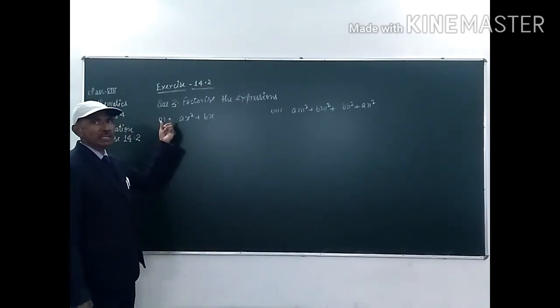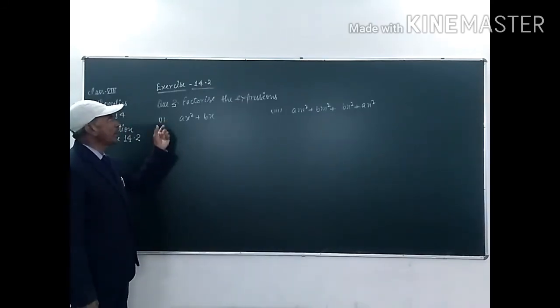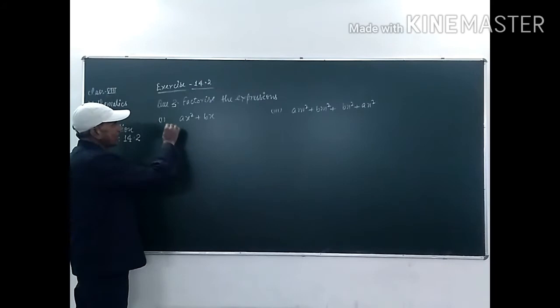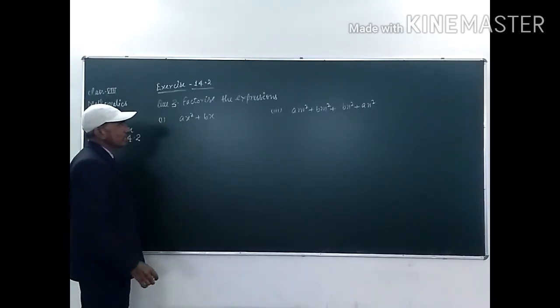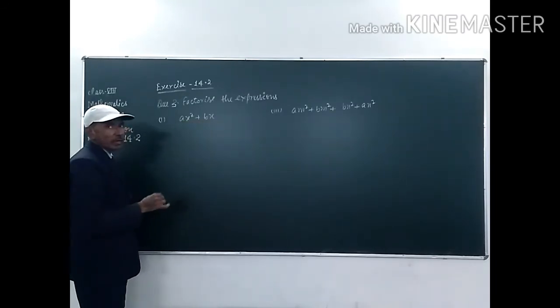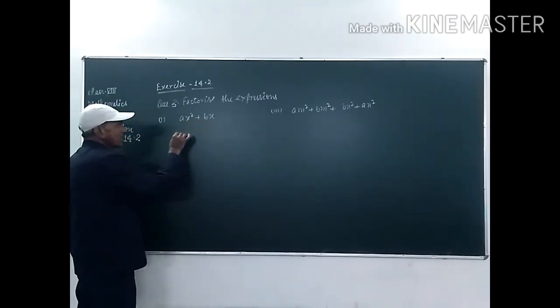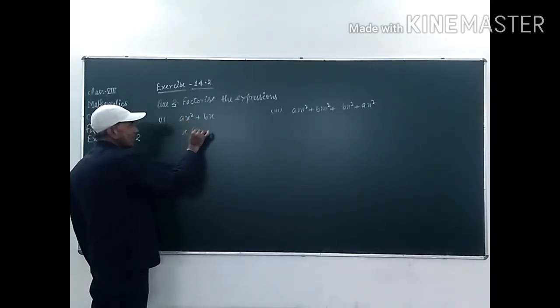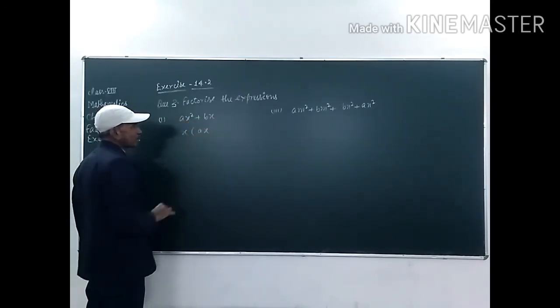This is question number 3, student, and in this question we have to factorize the given expressions. So first part of this question is ax square plus bx. So in these two terms we have to take common thing, that is x, students. So x take as common, and what will remain in the first part, that is ax.